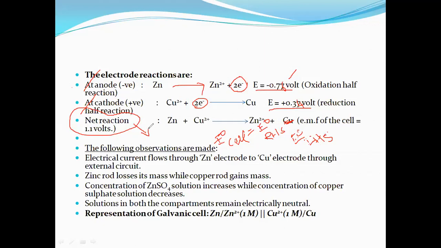That means 0.34 minus (minus 0.76). Minus of minus becomes plus, so 0.34 plus 0.76. The value is 1.1 volt.